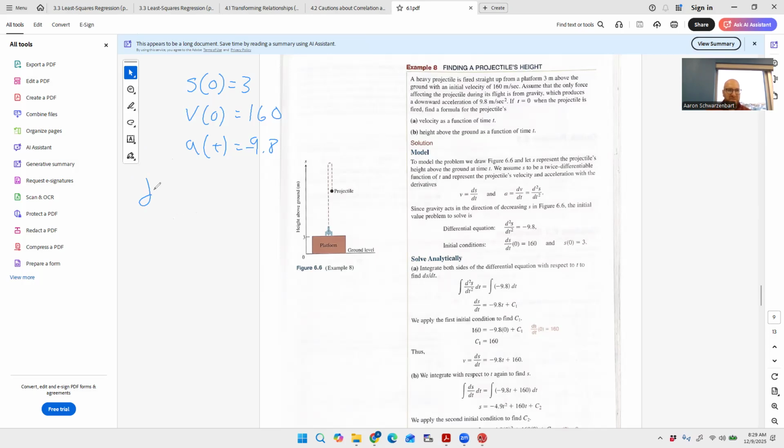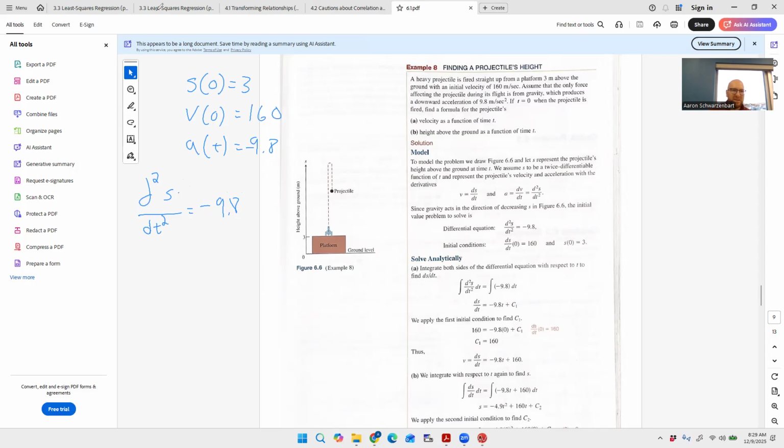A is the second derivative of S, correct? So in order to do this, I'm going to multiply both sides by dt.